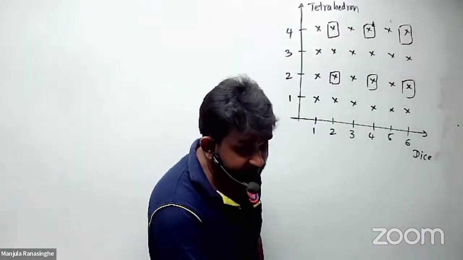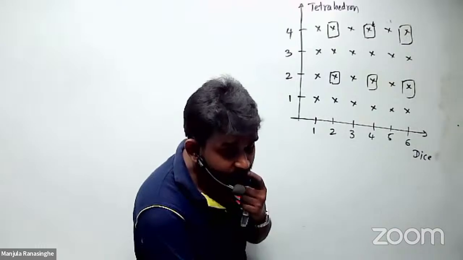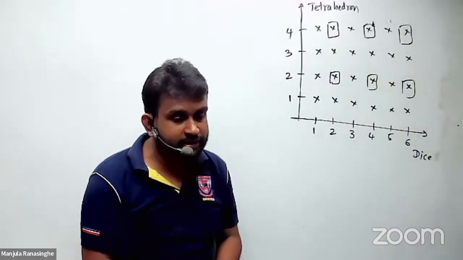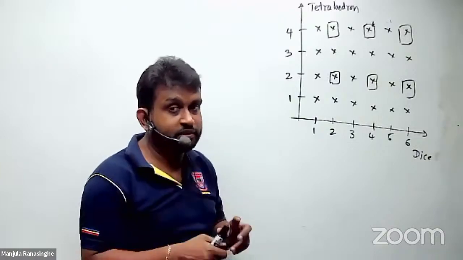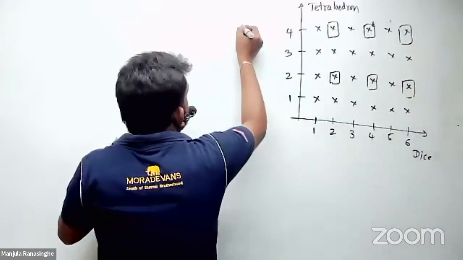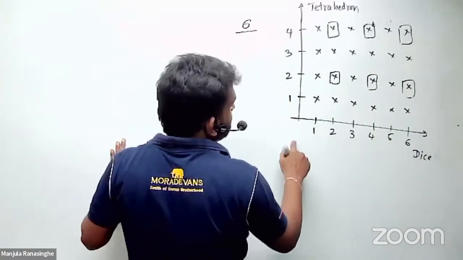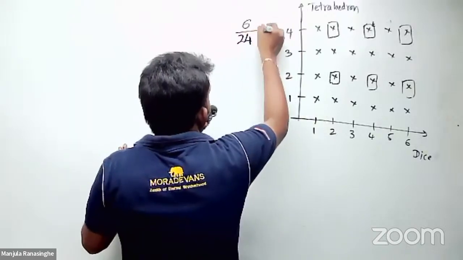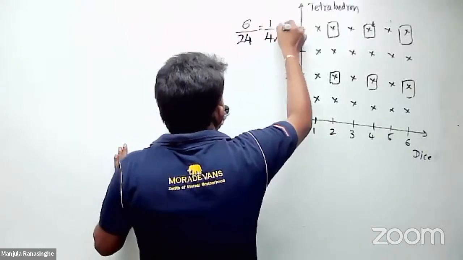Okay. Having both cases the even numbers, both dice and tetrahedron, and find the probability of the above event. How to find the probability? How many events are there? 1, 2, 3, 4, 5, 6. So 6 upon total is how much? 6 into 4, 24. Then 6 over 24, so 1 upon 4.